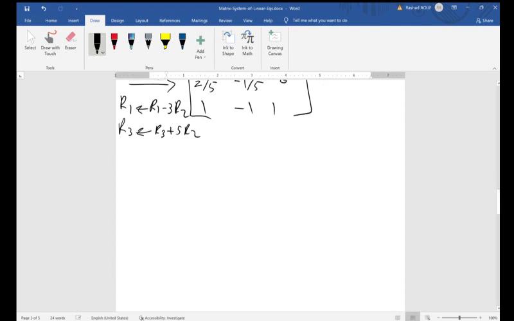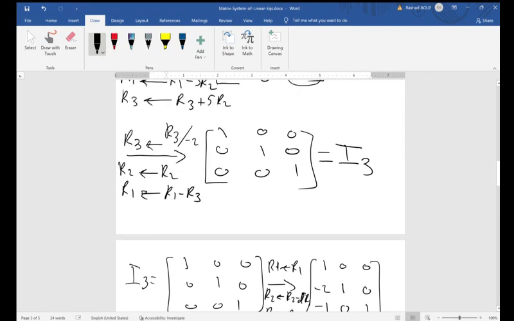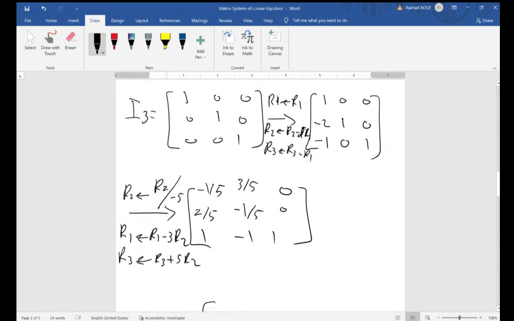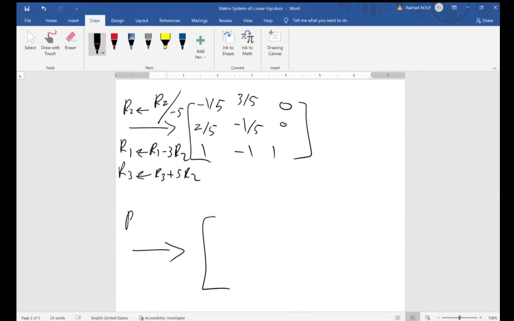Now the last operation I have to apply to obtain the inverse matrix A is row 3 divided by minus 2. New row 3 is old row 3 divided by minus 2. So I now have minus half, half, and minus half.